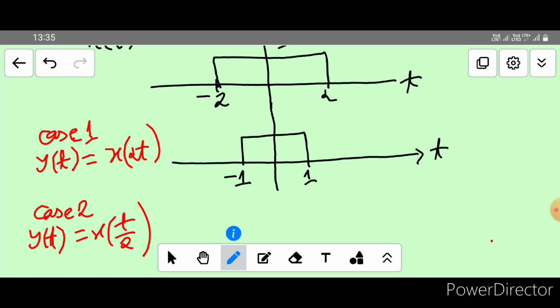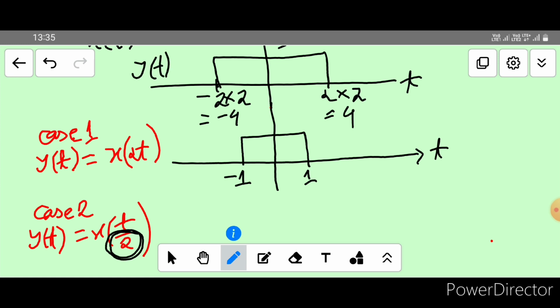We just multiply the original signal's time axis by the denominator, that is, multiply by 2. So this one will be minus 4 and this one will be 4. This will be our new signal y(t).